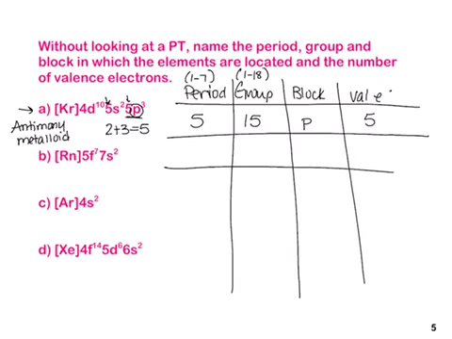All right, our next example, we look at the last one. It is in the 7th period because it has that 7th principal energy level. This one happens to actually be a little tricky because of this F block here.